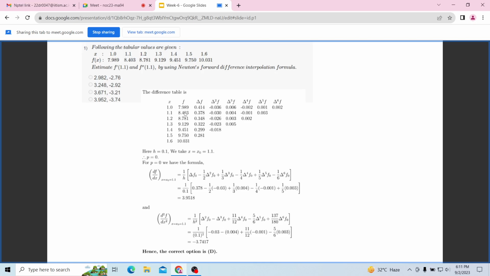For that you just need to subtract 8.403 minus 7.989, and divide by 1.1. Similarly you can get del square f. Then calculate del cube f, del 4 f, del 5 f and del 6 f.